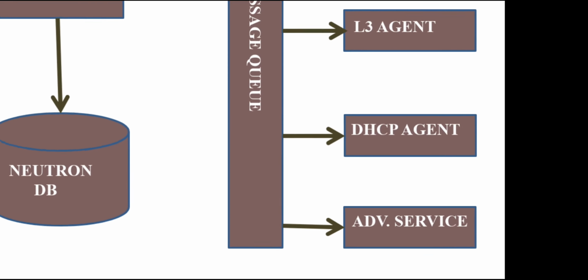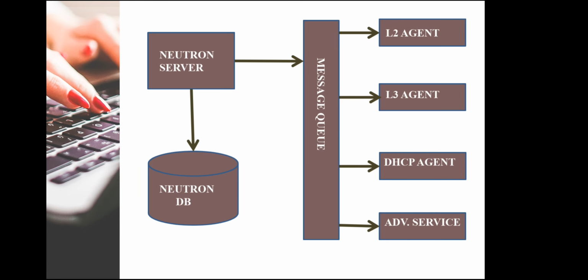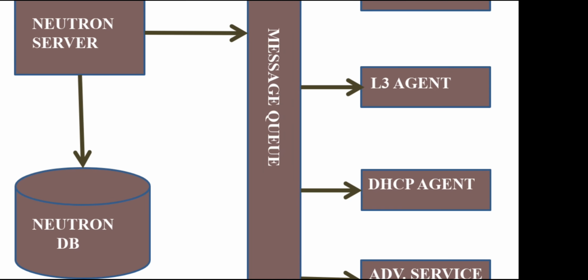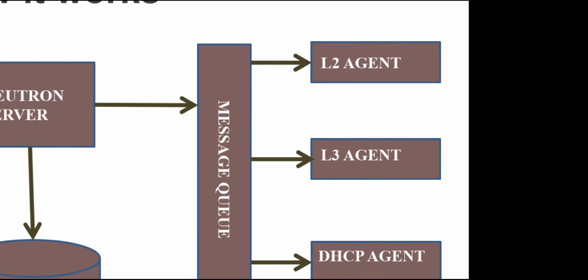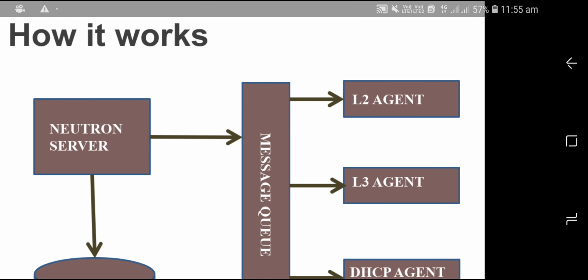Now when it comes to networks, the main thing that arises is request and reply, or response. These things need to be managed by components again. So this message queue is attached to four components. The first component is the L2 agent.